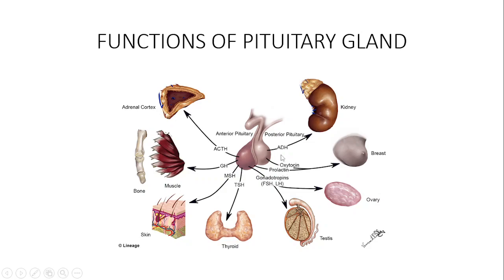One, prolactin helps in milk production, as you see it acting on the breast. And two, it helps in development of mammary glands, which means development of the breast.